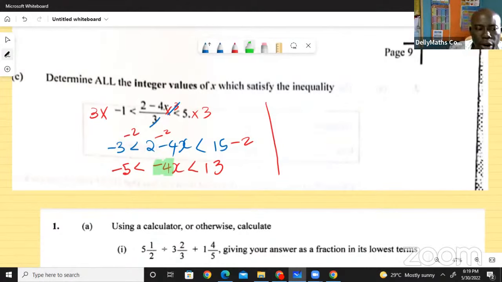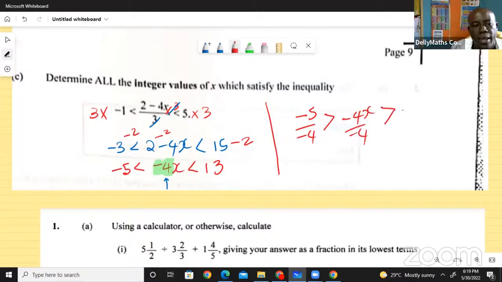So I am aware that at this moment I have to divide by -4 to solve the problem, which means that when I'm rewriting this, I will turn the sign. So -4 will go under that. I'm going to turn the sign this way, and I'll have -4x over -4. I'll also have to turn the sign this way because I have 13 divided by -4.